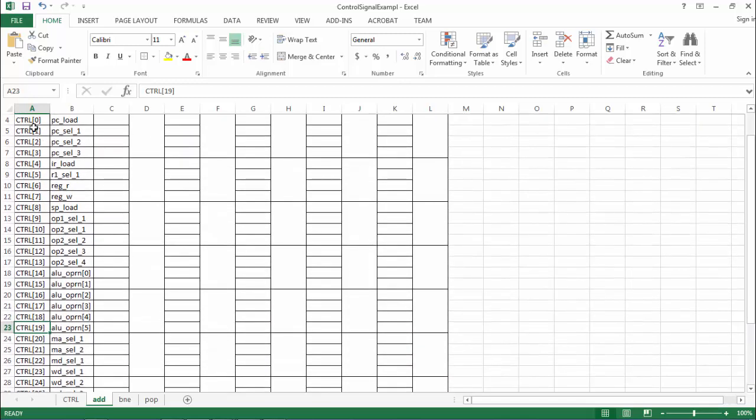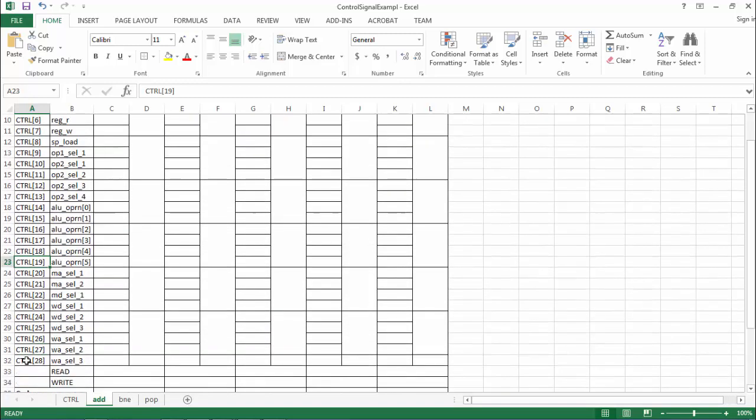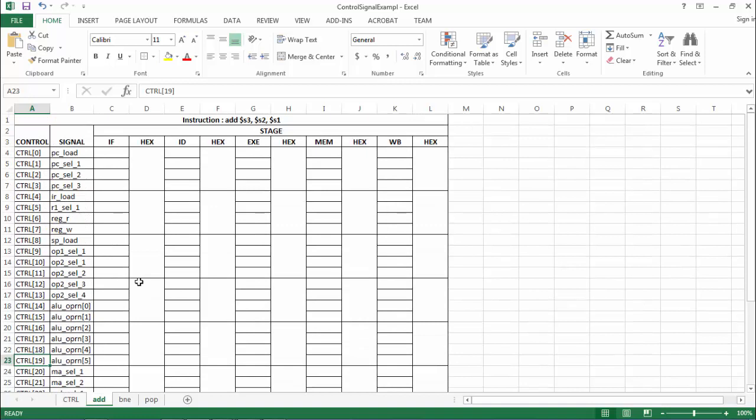So this is the control bus, this is the control word. If we convert these bits into the hex value, it becomes a control word, or micro instruction as we call it. And each micro instruction from the controller is sent to the data path on each phase.